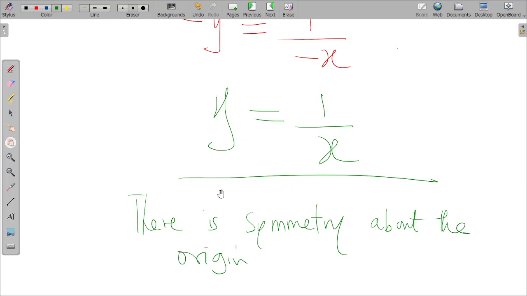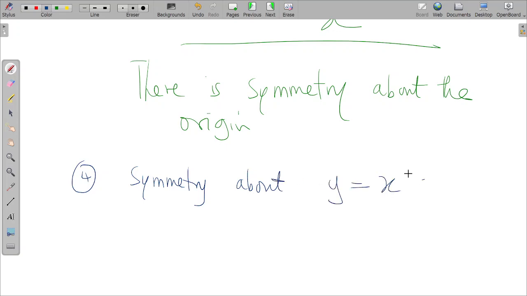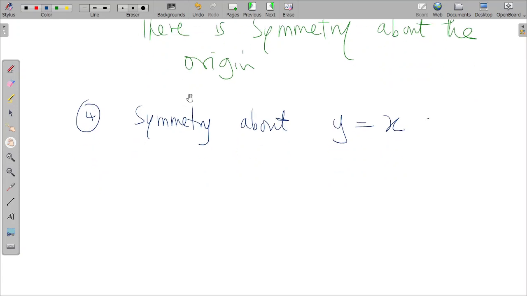Now we can also test for symmetry about y equals x, number 4. That means we are just replacing x with y and y with x, about the line y equals x.